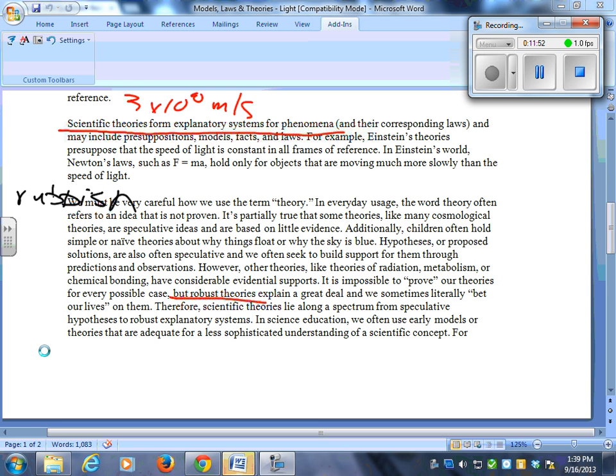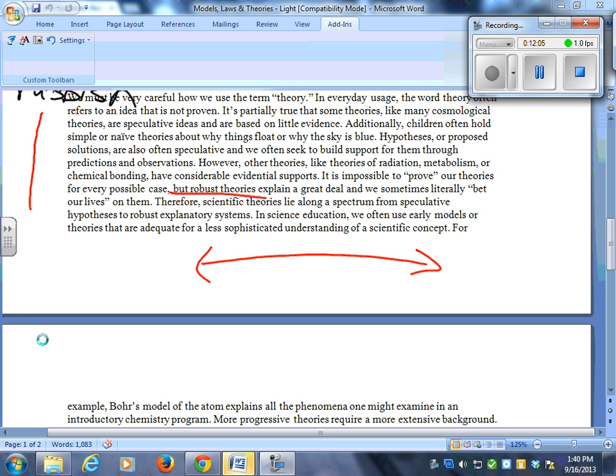And I'd like you to, do you have a big spot at the bottom here, to draw something like that? To kind of put an arrow? Oh, that's so good. Okay, right here I'd like you to put robust. And here I'd like you to put the word speculative.